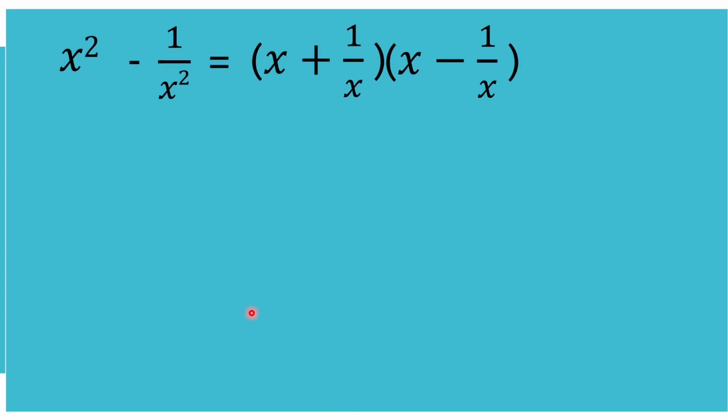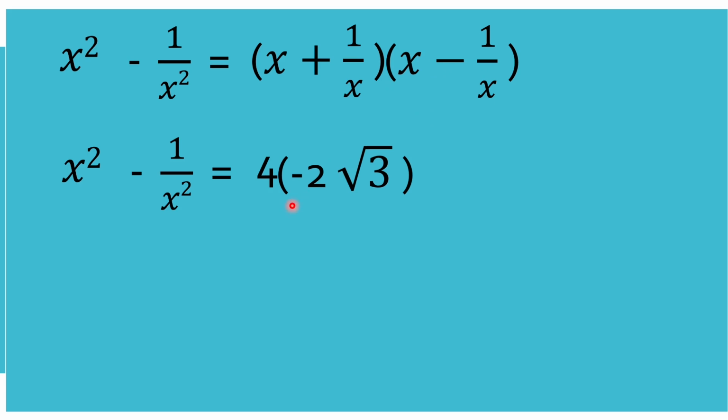Now we have the values of x plus 1 over x, as well as the value of x minus 1 over x. So we will put these values. Our equation will become x square minus 1 over x square equals, the value of x plus 1 over x equals 4, and the value of x minus 1 over x is minus 2 under root 3.